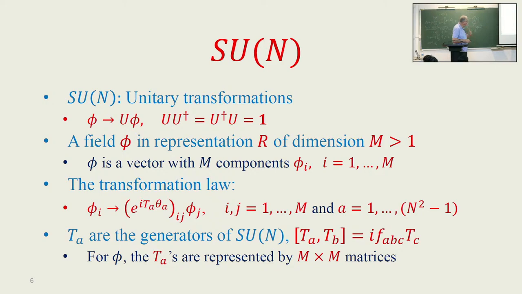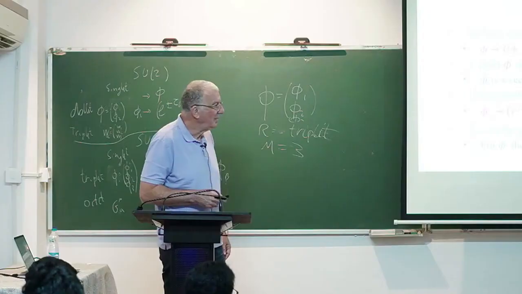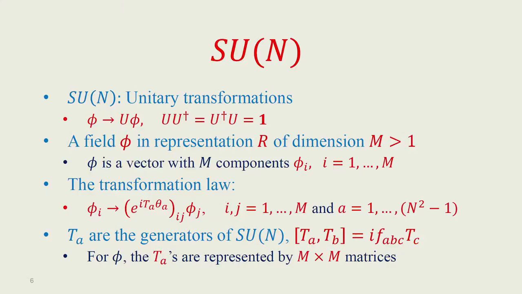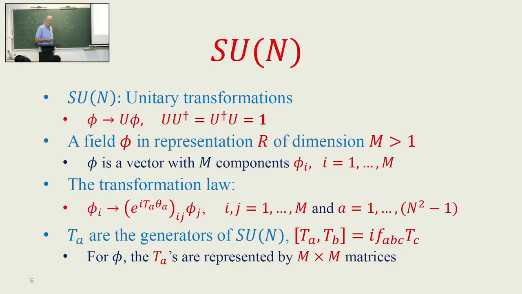But here, this a, enough to span all of these possible transformations in SUN is to have a go from 1 to n squared minus 1. So for SU2, n is 2, n is the number here, and n squared minus 1 is 3, 2 squared minus 1. And so here you have 3 fixed matrices, if you want, T1, T2, and T3. A fixed number of matrices. Their size depends on which kind of representation they act upon.